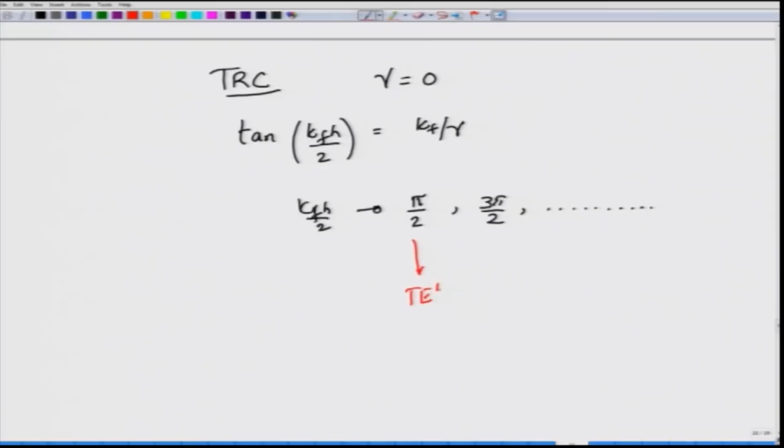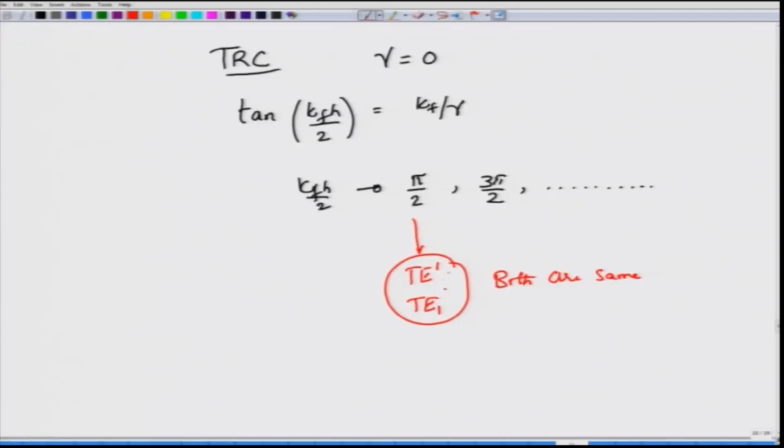Sometimes I will use a superscript, sometimes I will use a subscript, both essentially mean the same. So, do not worry about whether I have used a subscript or a superscript. In this module both are essentially the same mode, they are representing the same mode, and what you find is that this is the first odd mode, odd because the number here is 1. So, this is your first odd TE mode.